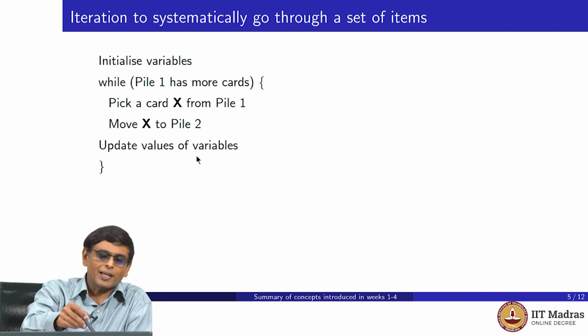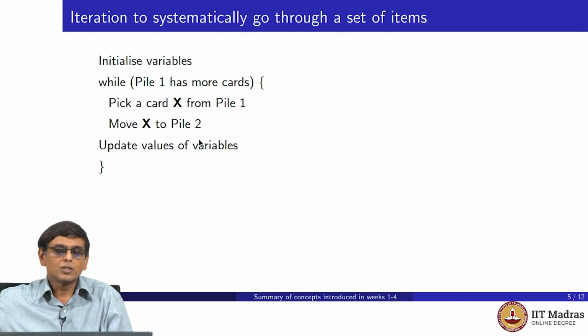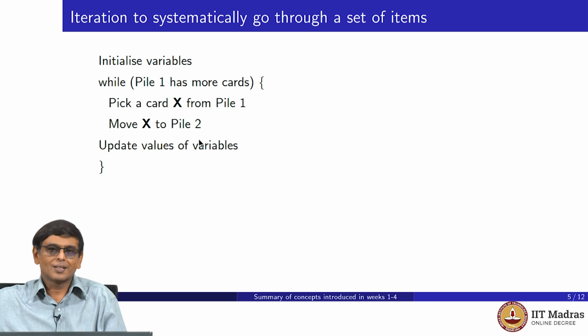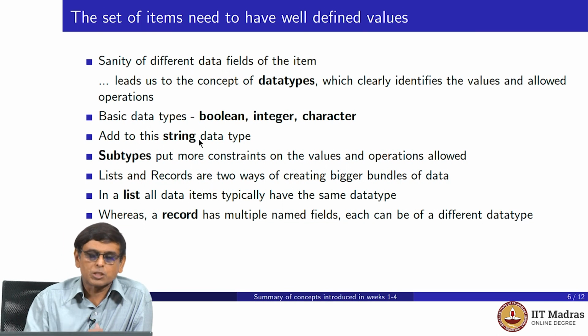So you are updating the pile and you are updating some variables. That is how we used iteration to systematically go through all the cards in a deck, and by going through them we were able to do various things with them.